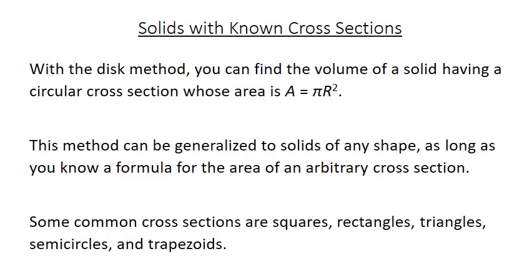Now, in the previous examples, we had to find the object. But there are cases when the solid object is given to us and we need to find the volume of it. So with the disk method, we can find the volume of a solid having circular cross sections by using this here.